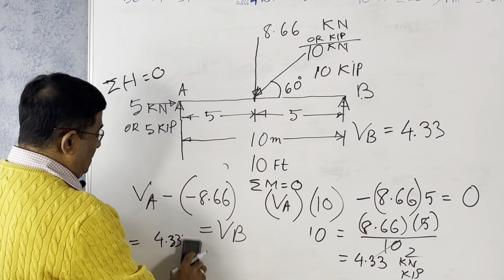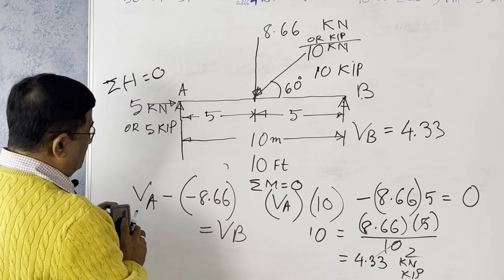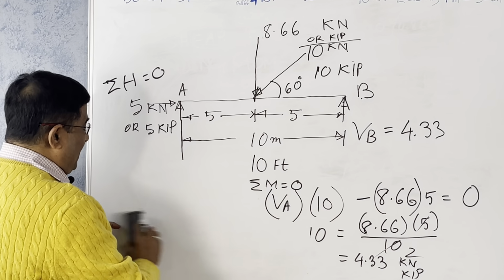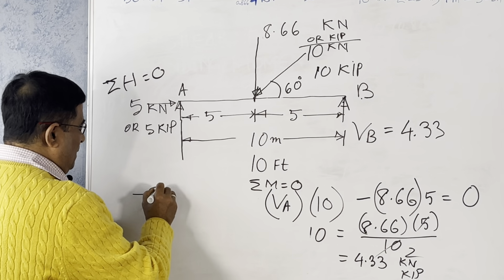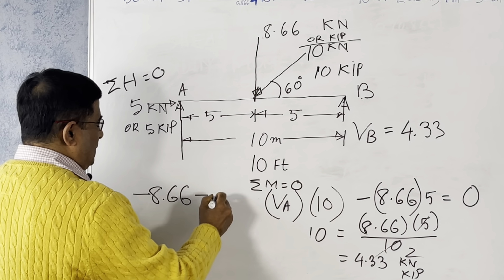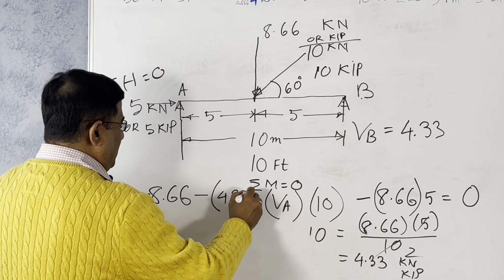I get confused. Let us forget about that, this will be more complicated. You can say it is 8.66 minus 4.33.